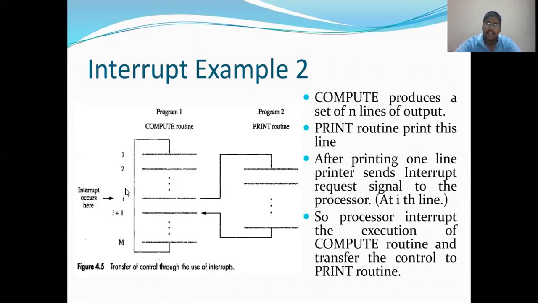Interrupt service routines are nothing but small parts of a program, written separately from the main program. After executing the interrupt service routine, it will return to the (i+1)th instruction, not the ith. That means if the interrupt occurs in the 10th instruction, it will return to the 11th instruction, not the 10th. Is it clear? So that is the concept.